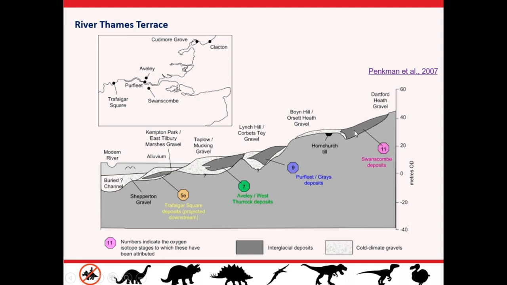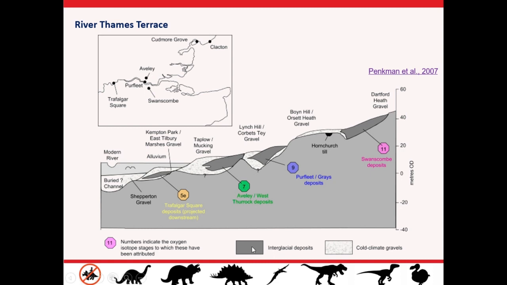The brown, or the kind of dark grey, is the interglacial material. The material around it, this kind of white material with lines in, is the glacial gravels. So it's the glacial material, so the material that was deposited during glacial times, and this dark grey is the interglacial material. And it's in that interglacial material that we can find evidence of life.